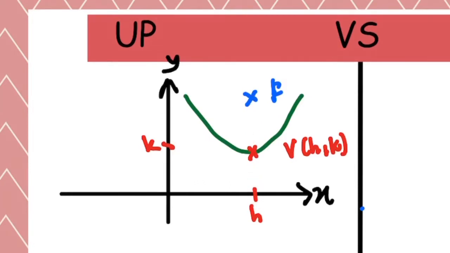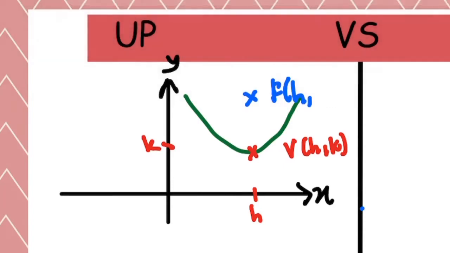You can see here for focus, your x coordinate doesn't change. Therefore, your x-coordinate for focus is still H. But what happened to your K right now? So this is very important. Your K has gone up towards here.